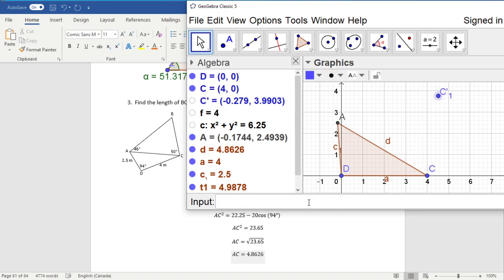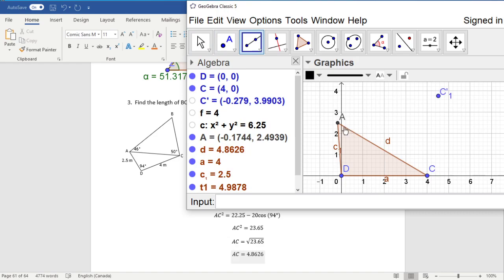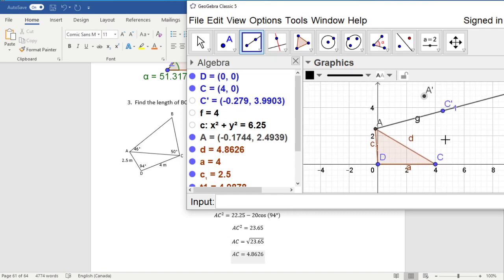Yep, that's good. So now we'll draw a ray from here to here. And then I'm going to rotate point A the other way this time, so negative 50 degrees around point C. And I get that. So then I draw a ray from C to A prime.